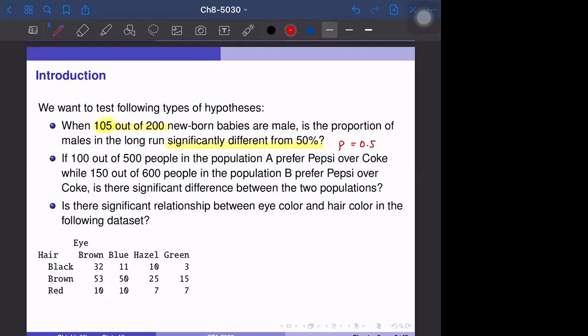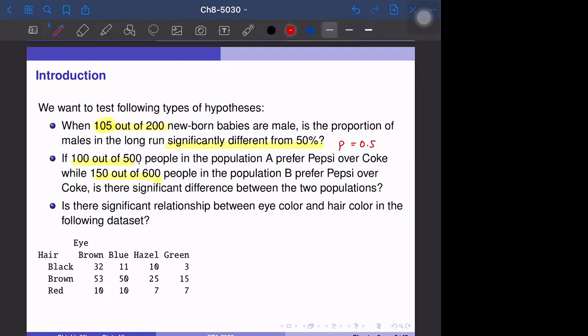If 100 out of 500 people in population A prefer Pepsi over Coke, while 150 out of 600 in population B prefer Pepsi over Coke. For example, for different states or different countries, different proportions. The first one is 20%.